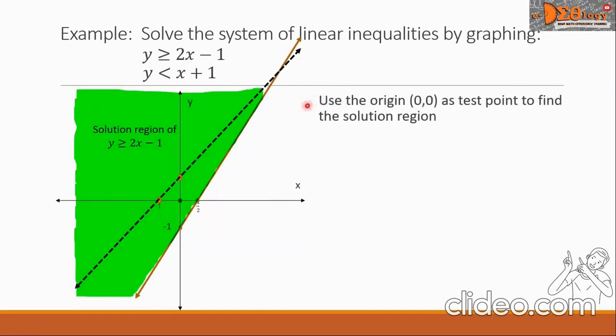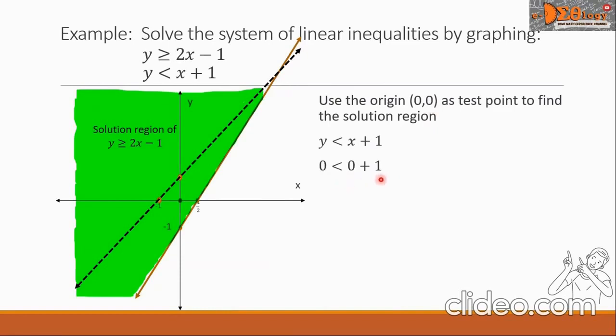Next, let us use the origin (0, 0) as test point to find the solution region. Take note, this is our line and the origin is below the line. So our second inequality we will copy here and let us substitute the origin values. So we have 0 is less than 0 plus 1.